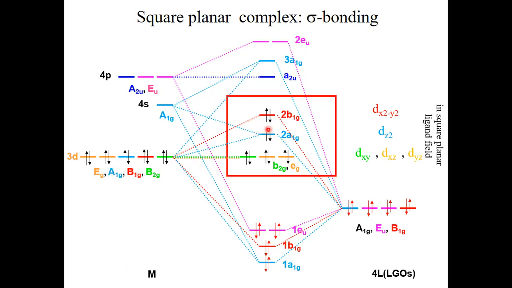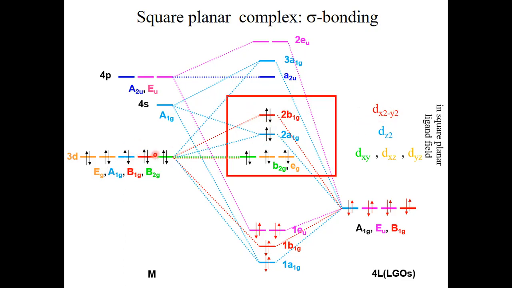Therefore, it makes sense to approximate it as a dz square orbital in a square planar ligand field. Last but not least, we have this one to consider. So the 2B1G represents the dx square minus y square in a square planar ligand field.